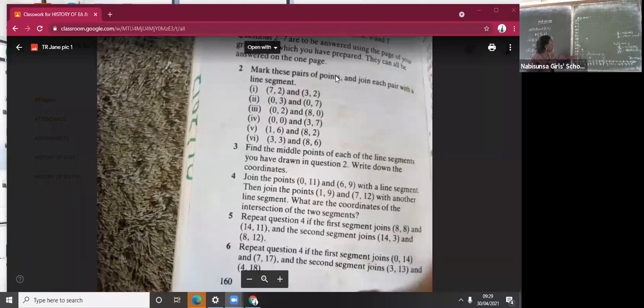We have 1.5, 3.5. So you should also write 1.5, 3.5.